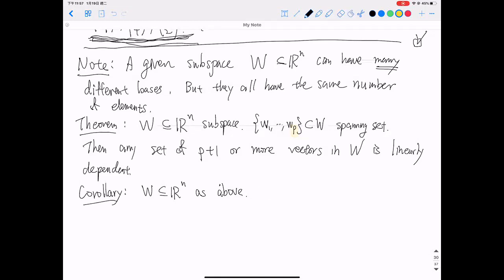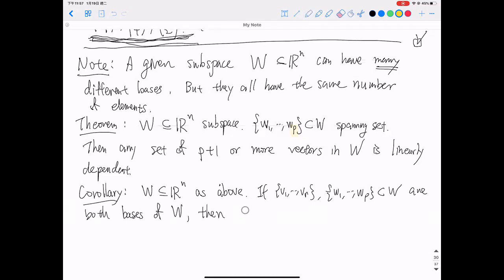So put it differently, if V1 through VR and W1 through WP are both bases of W, then R is equal to P.